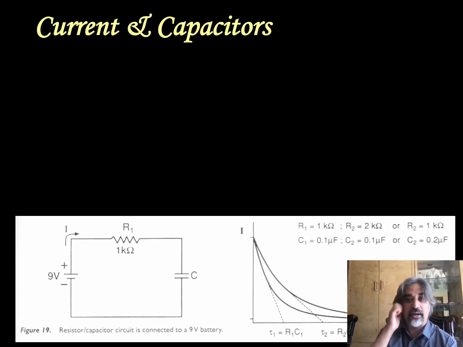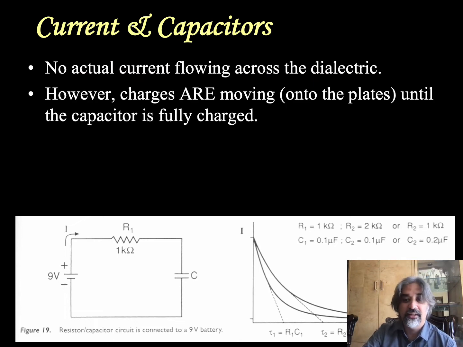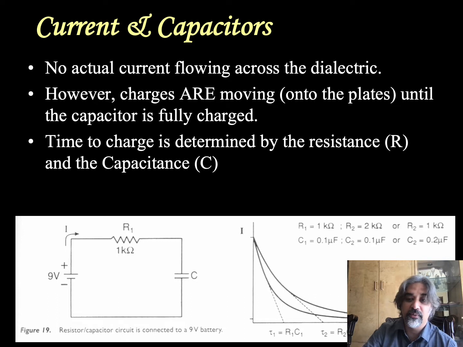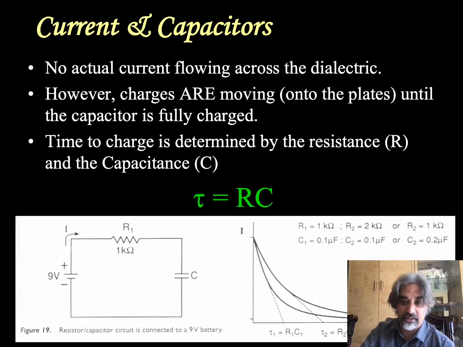So because no actual current is flowing across the dielectric, but charges are moving, we can say a current exists until the capacitor is fully charged. Incidentally, if the voltage placed on the capacitor exceeds that which will cause the dielectric to conduct, the capacitor will explode. With a small resistance, the total charge movement occurs much faster, whereas the charge will take longer to accumulate with a higher resistance.